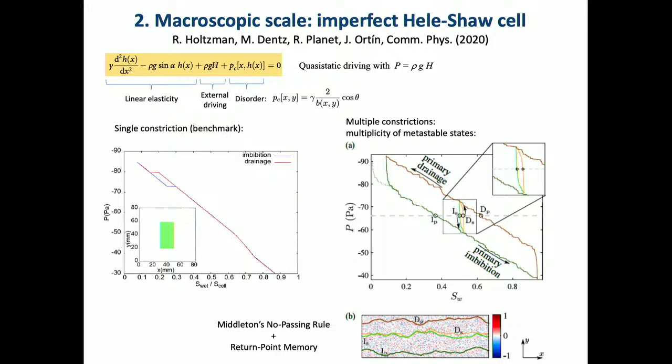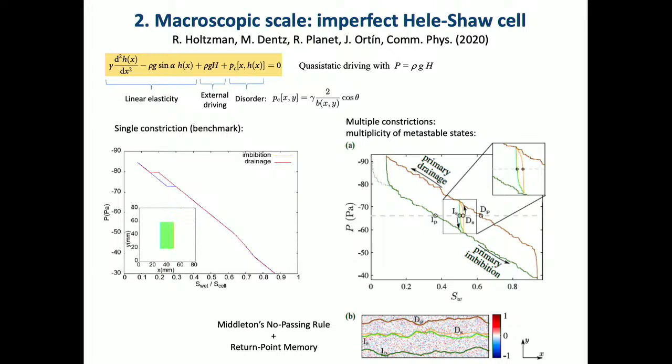All inside this hysteresis cycle, there are metastable states that by doing complicated paths inside this hysteresis cycle you could reach. Okay. And you can see that those states are different. They are not the same. You can see here the actual configurations, interfacial configurations. This is IP, I primary. This is I primary, the lowest one. Of course, it's the lowest saturation.